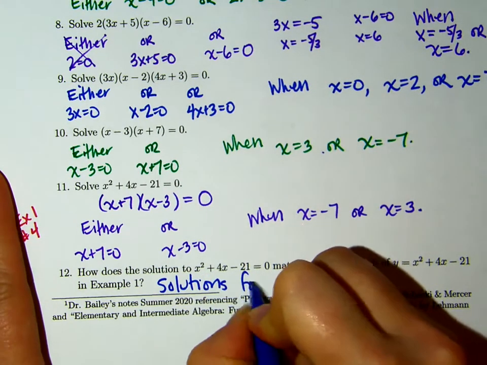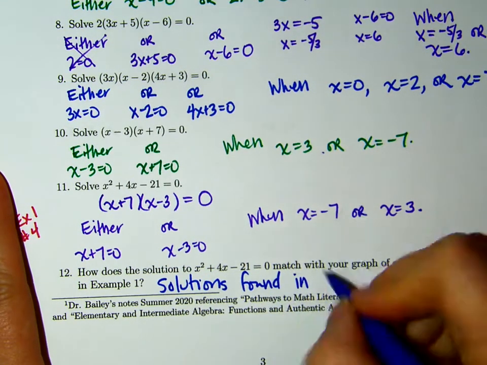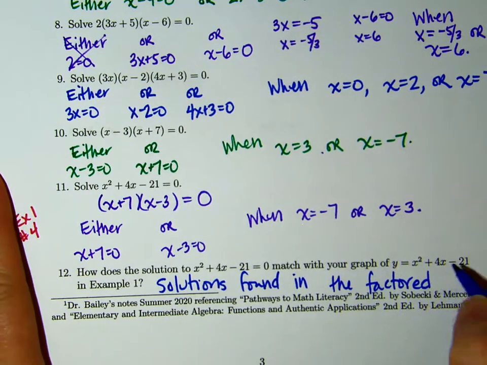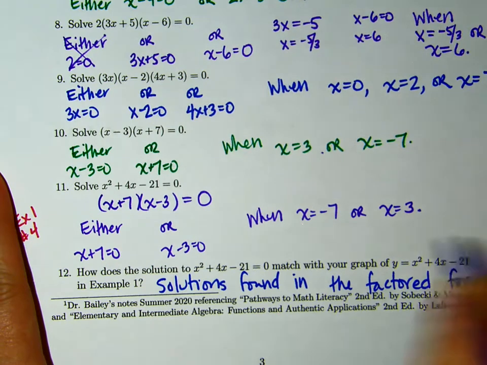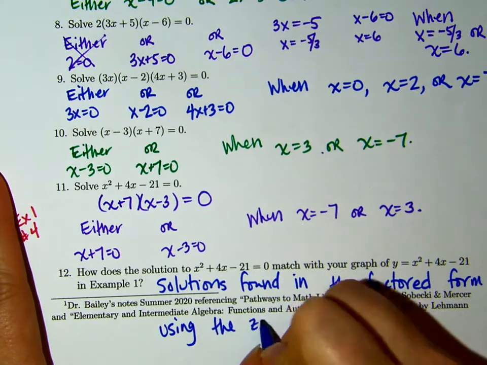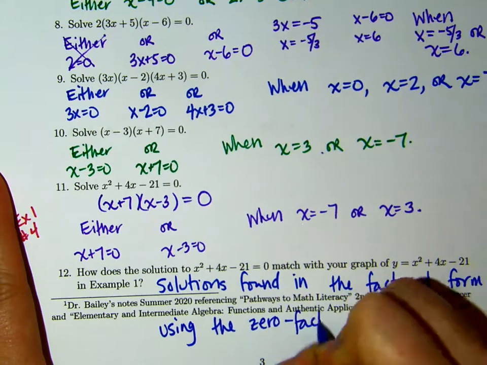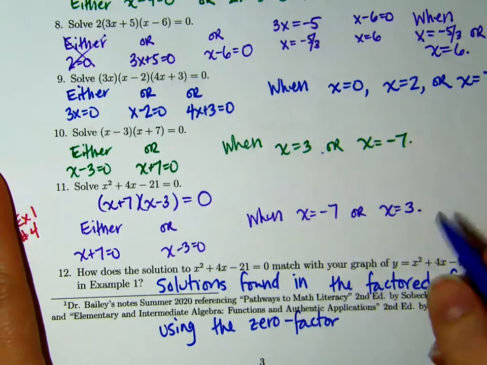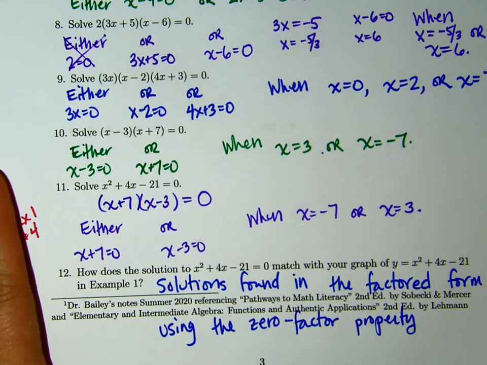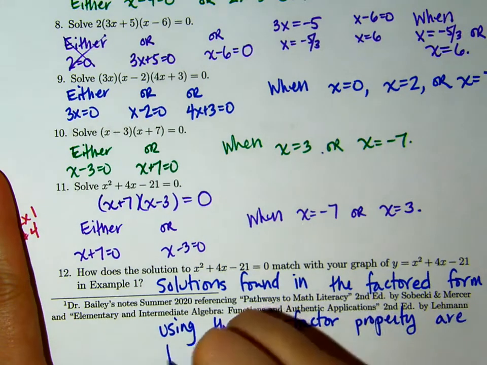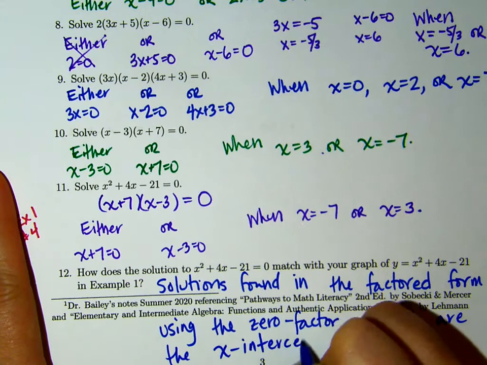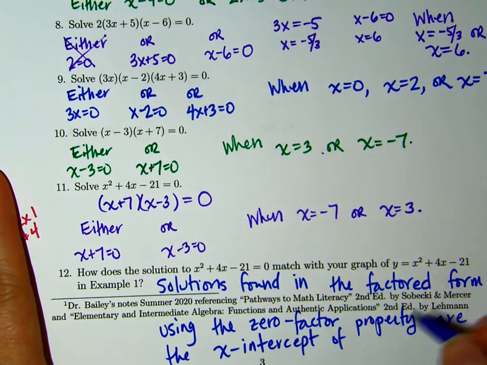Solutions found in the factored form using the zero factor property are the x-intercepts of the graph.